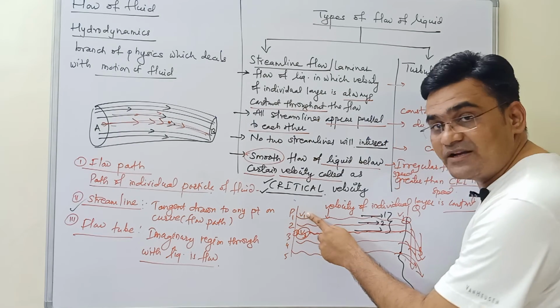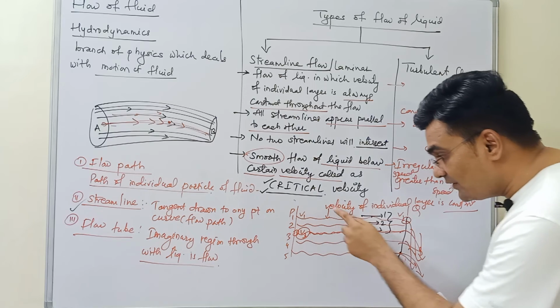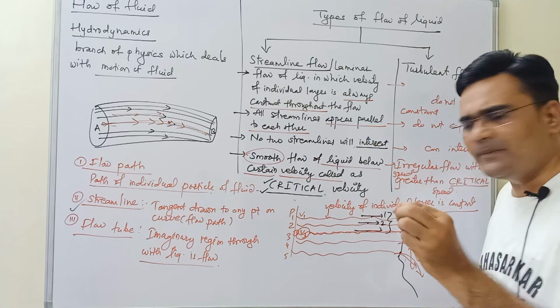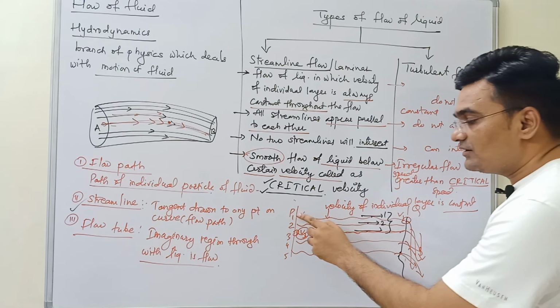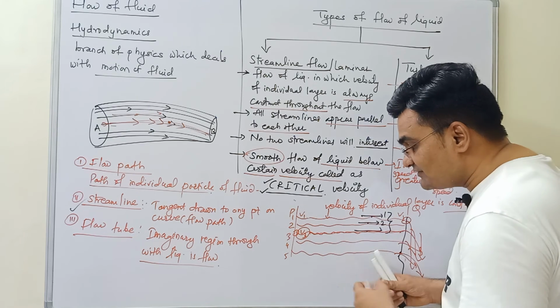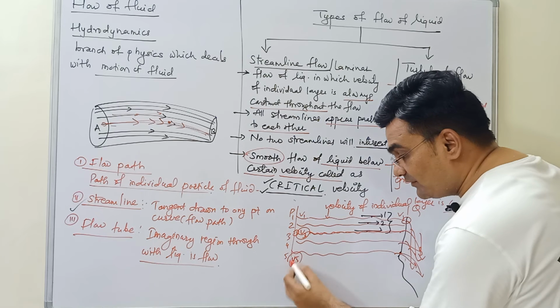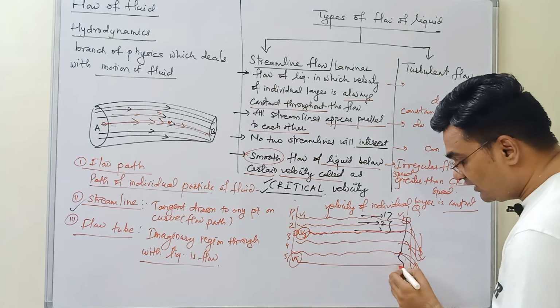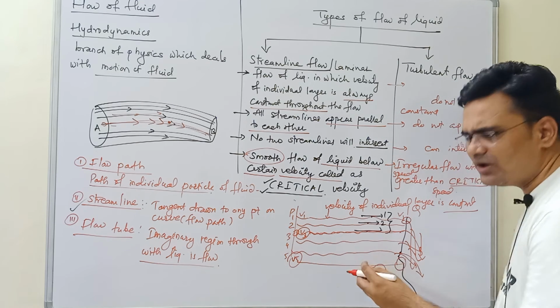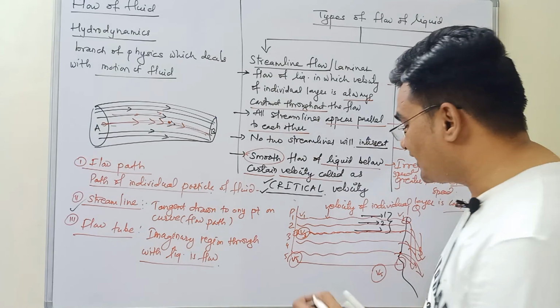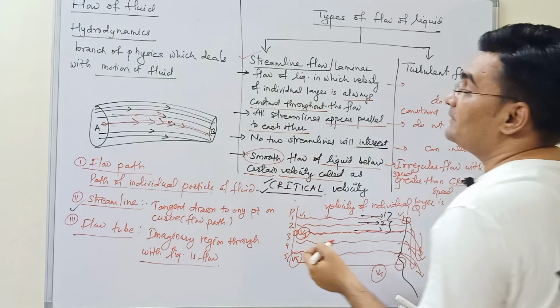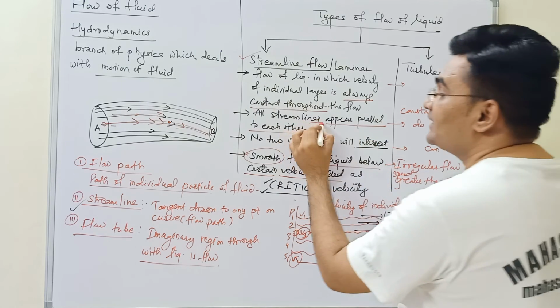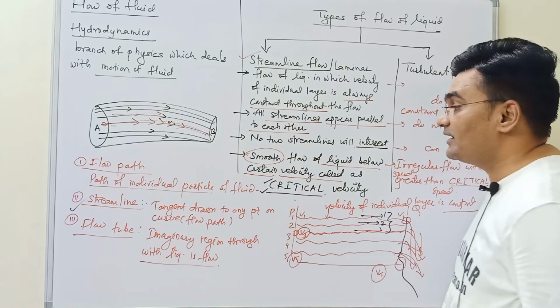But if the velocity of the first layer is, suppose, V1, then it will remain V1 and only a very small portion will change when it reaches Q. If the velocity of the last layer is, say, V5, then while traveling from here to here it will almost remain V5. Very small negligible changes take place in the velocity. That type of flow is called streamline flow.